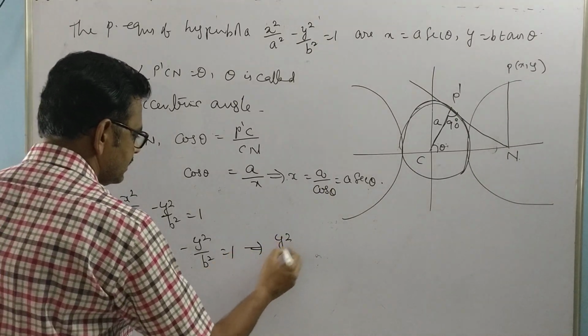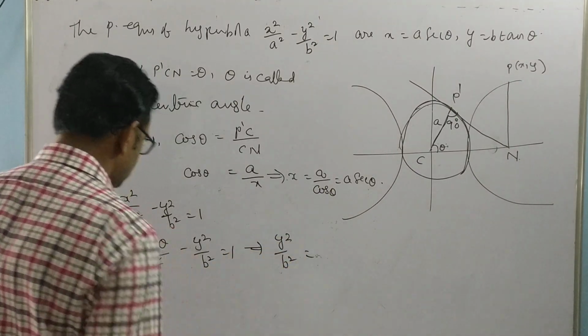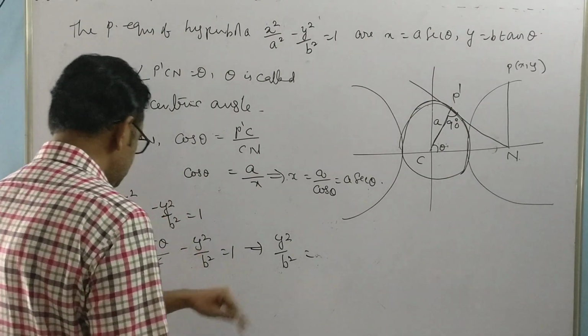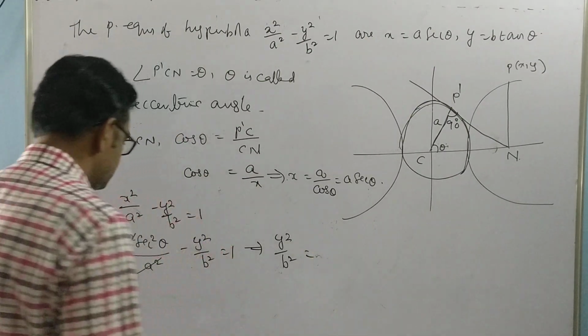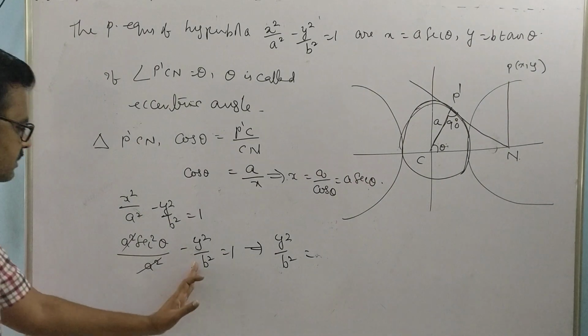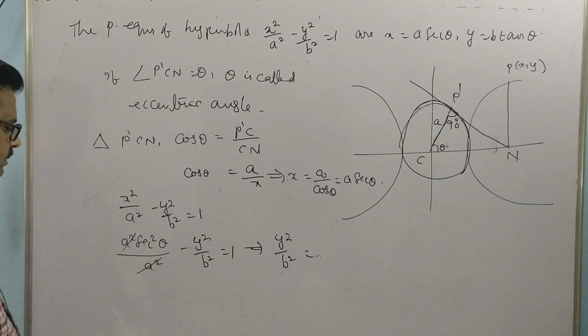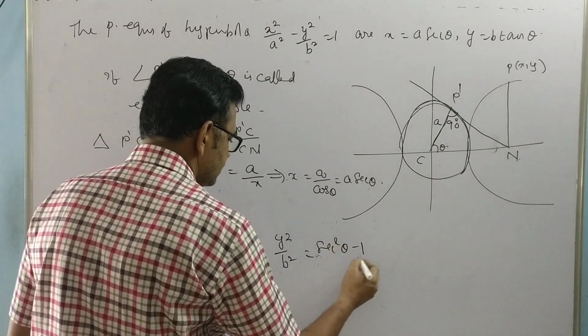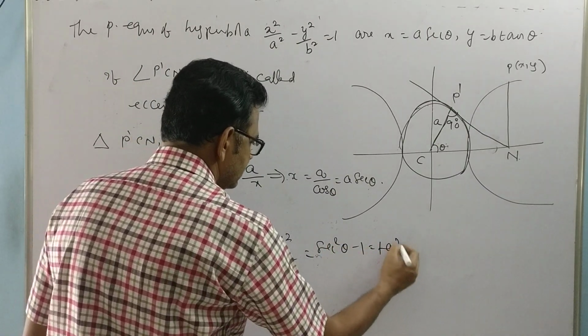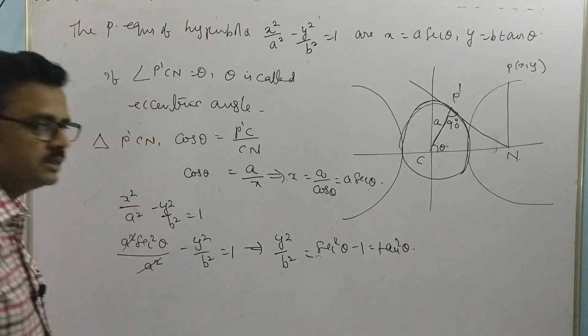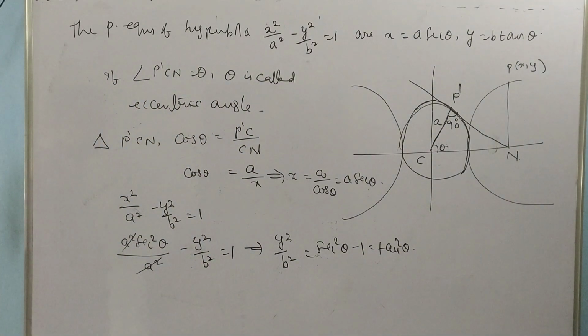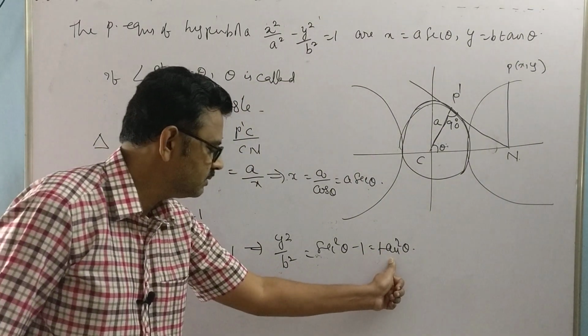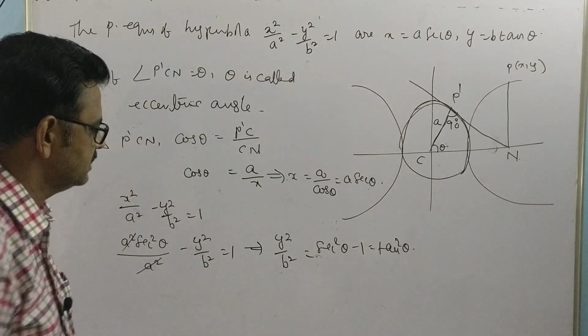This implies y square by b square is equal to secant square theta minus 1, that is equal to tan square theta, since 1 plus tan square theta equal to secant square theta, therefore tan square theta equal to secant square theta minus 1.